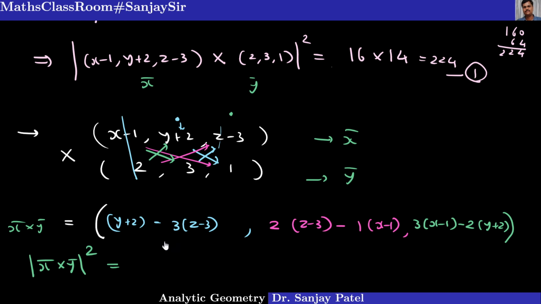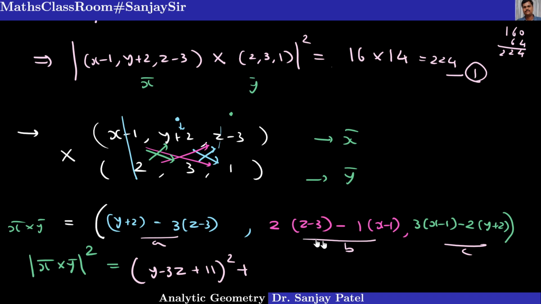So this is say a, b and c. I can call it a, b and c. This is a, this is b, and this is c. So mod of x bar cross y bar square is a square plus b square plus c square, where a square means simplified form of this, that is y minus 3z, and 2 minus 9, minus plus 9, it is plus 11 square. Okay, fine.